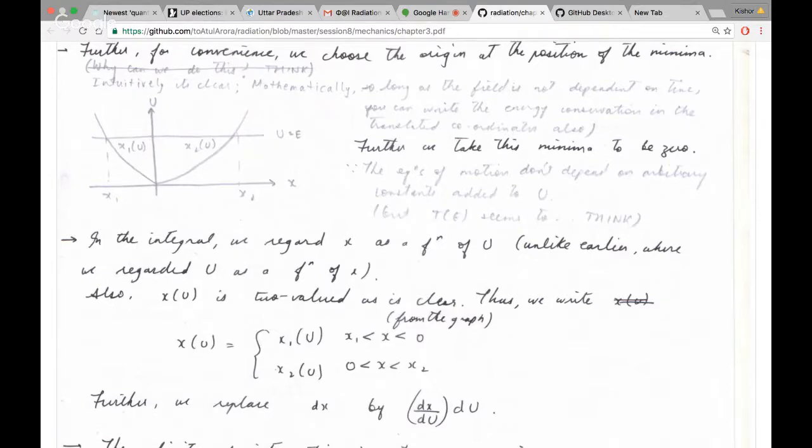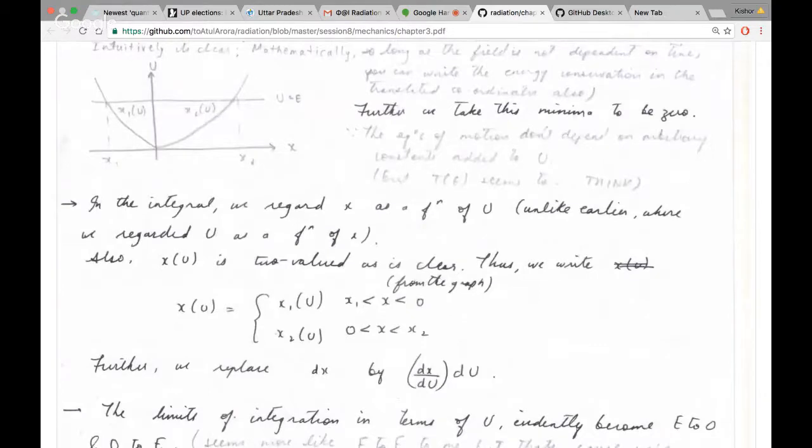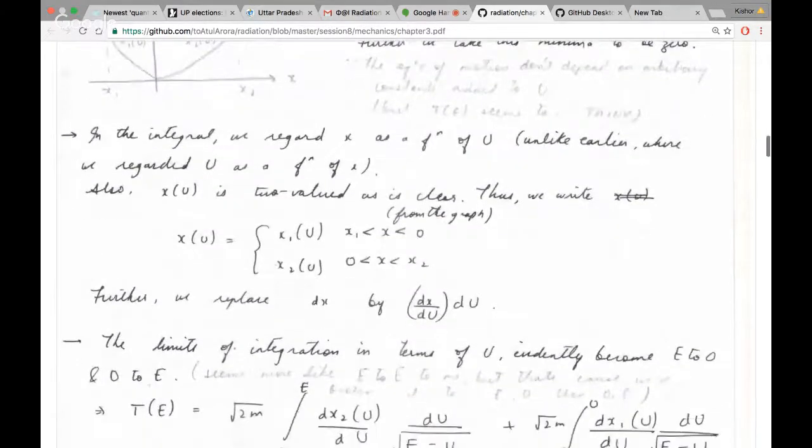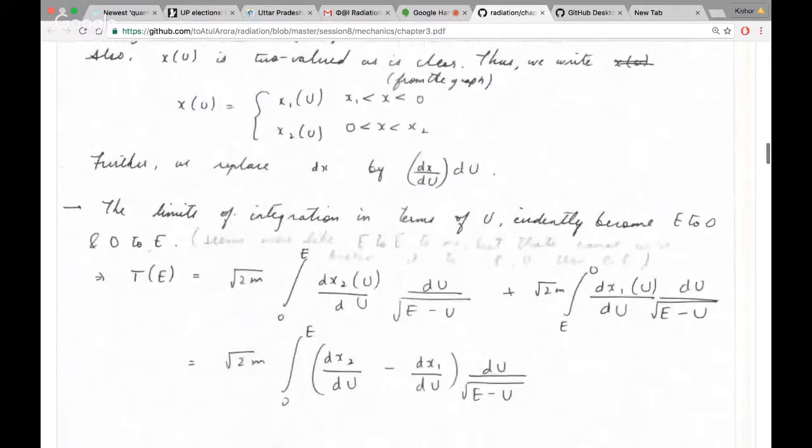Further, we replace dx by dx/dU times dU. So our equation changes, as the limits of integration in terms of U initially become E to 0 and then 0 to E.